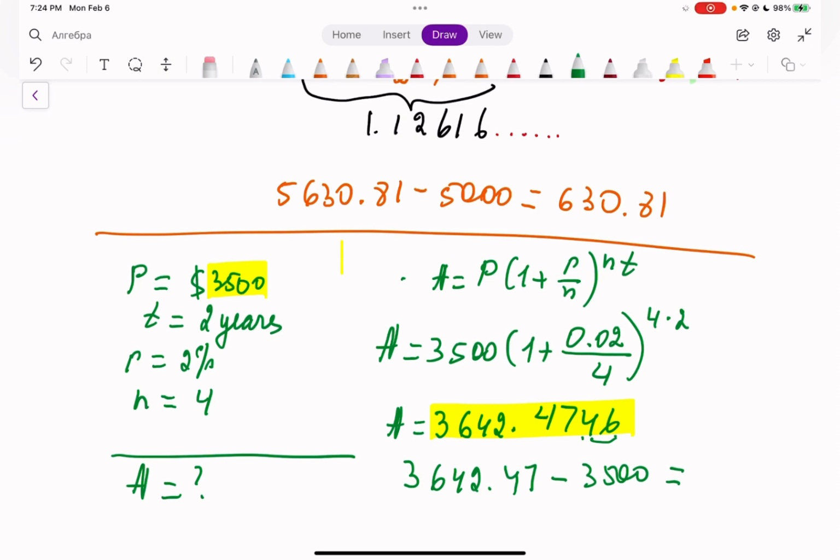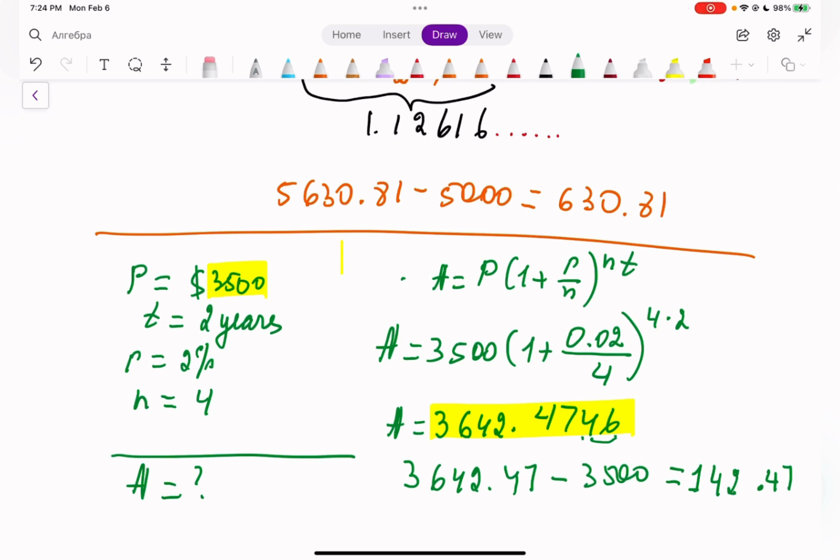Okay, this is equal to: 47 stays there. Point. This 2 stays there. 4 stays there. 6 minus 5 is 1. $142.47.